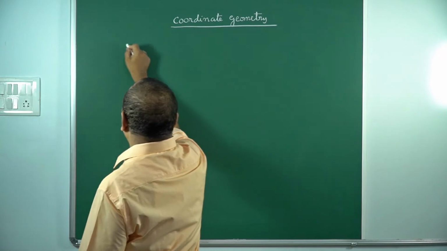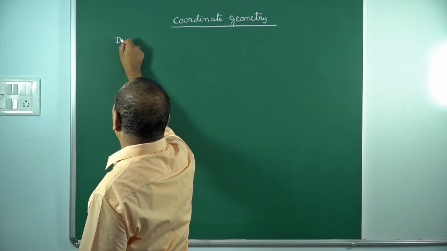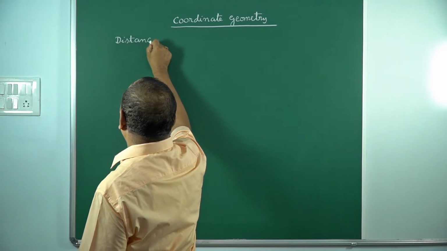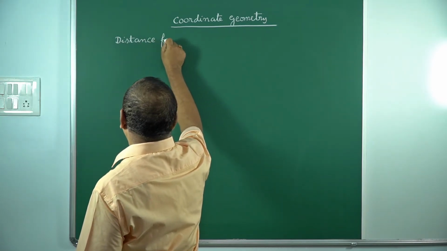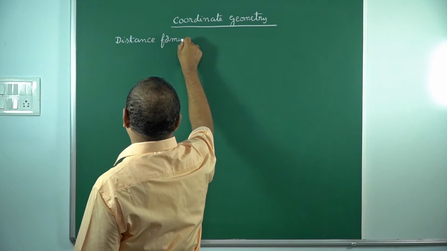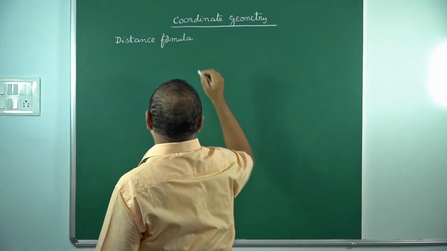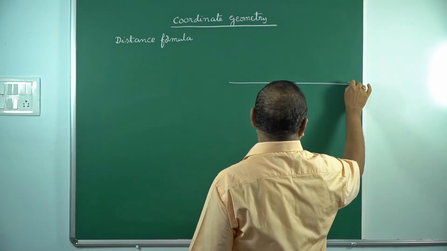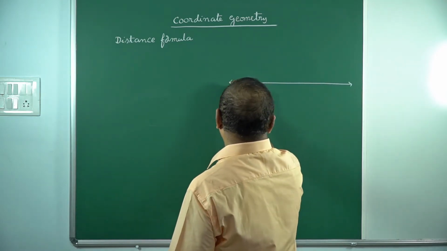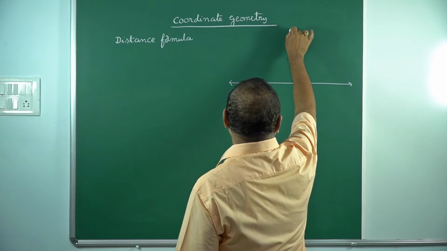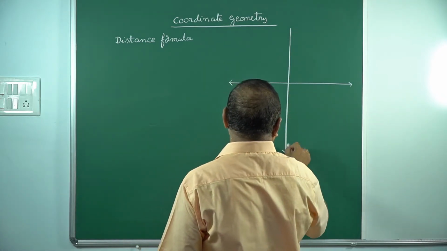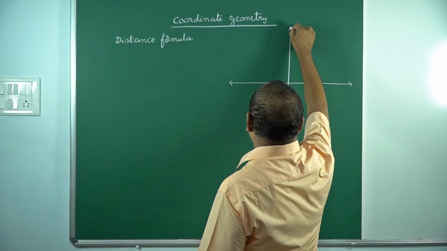The first formula we are talking about here is the distance formula. This is generally the x-axis, and this is the y-axis.